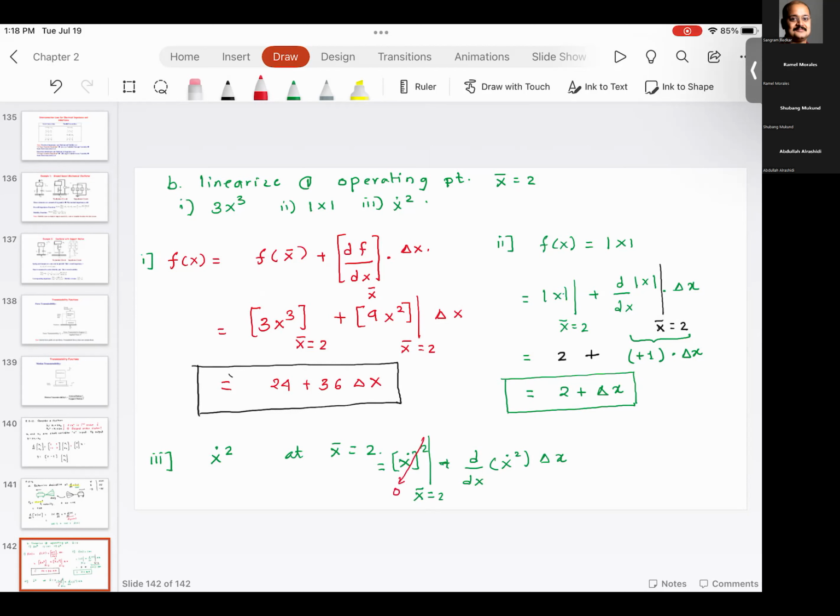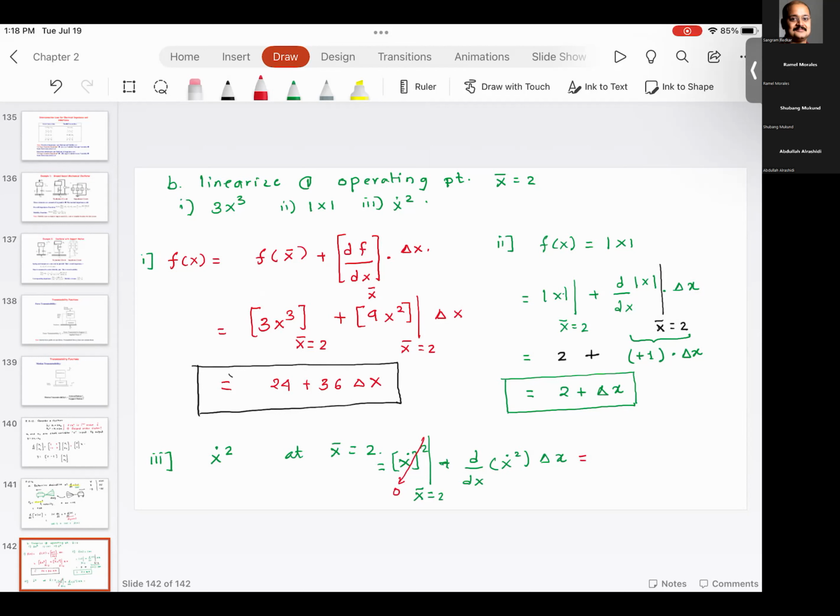Now here, when we take the derivative of this x dot, I need to explain this in a better way.